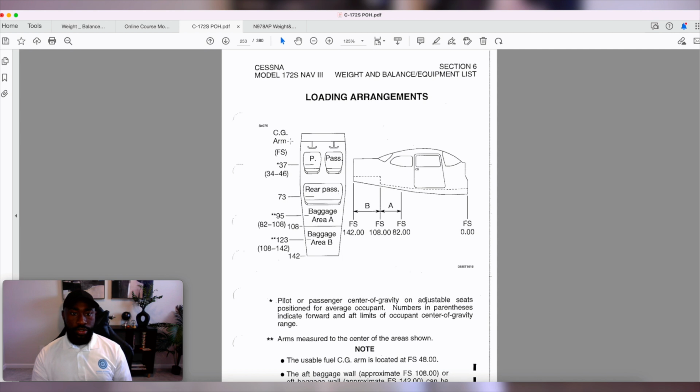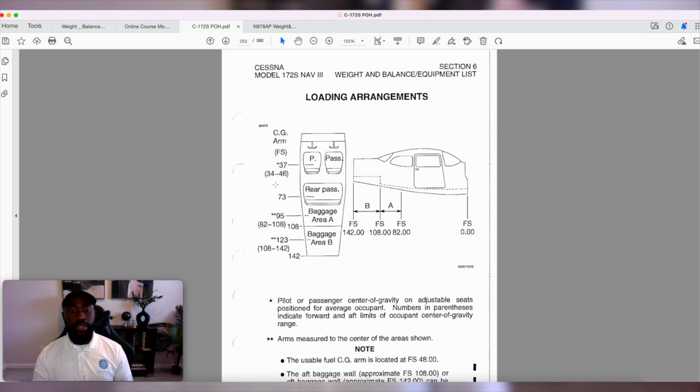So it gives you the CG arm for the pilot and the passenger. Here it says it's 37, but it puts a star here. So we'll come down here and read what the star says. It says the pilot or passenger center of gravity on adjustable seats position for average occupant. Numbers in parentheses indicate forward and aft limits of the occupant center of gravity range.